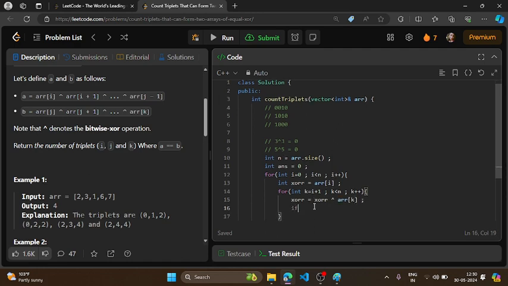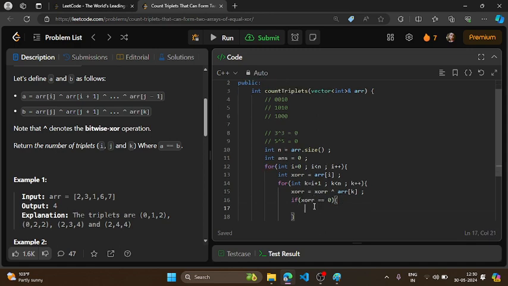Now if at some point of k I get XOR equals 0, right? Then this means that we have found a required triplet, where it is possible to split it.